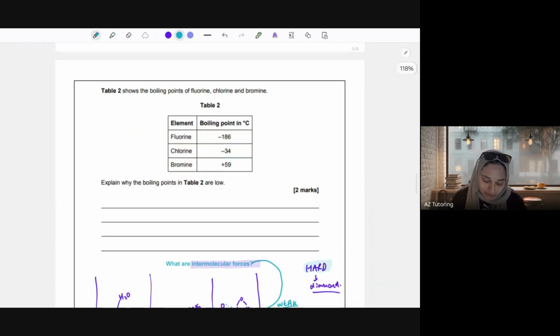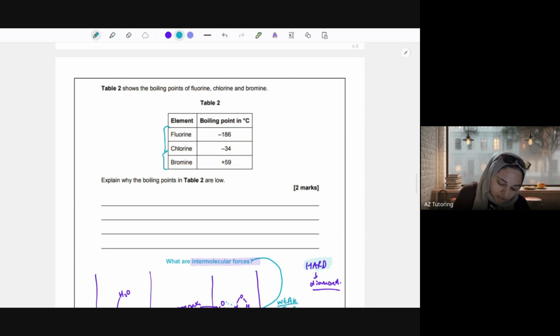Okay, so this question here, we can see we've got some simple molecules. And they're all non-metal, so therefore it's all covalent bonding. It's showing the boiling point. It says explain why the boiling points in table 2 are low. So what you're saying is that they've got weak intermolecular forces, because that's your first mark.